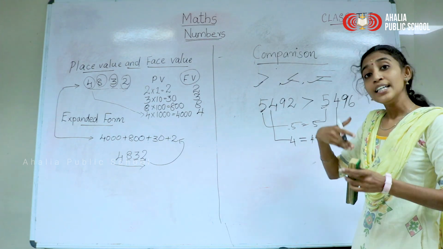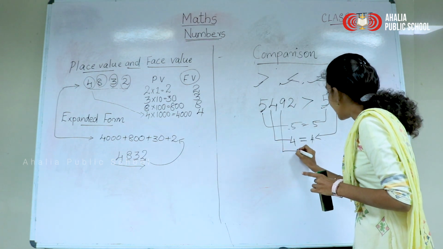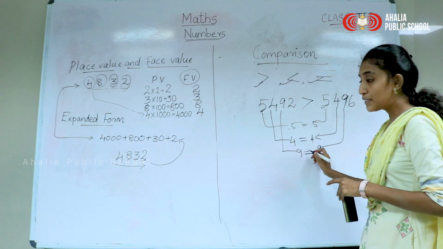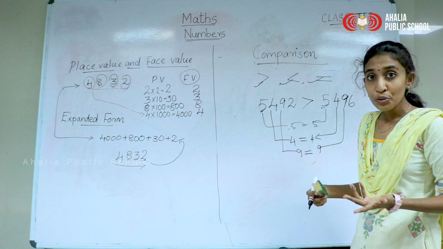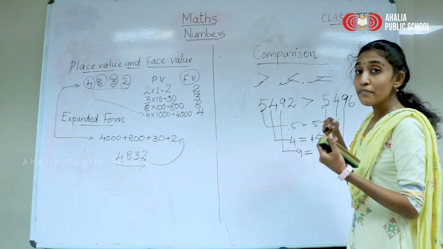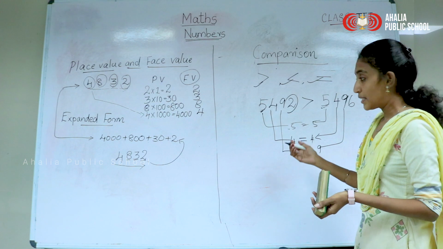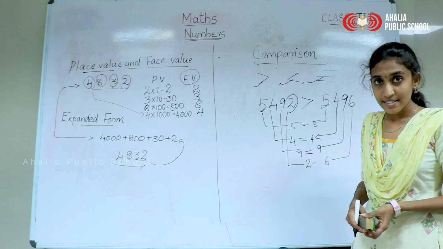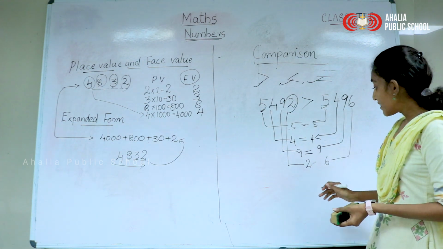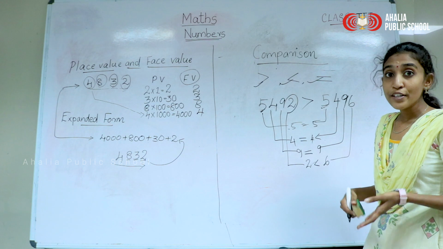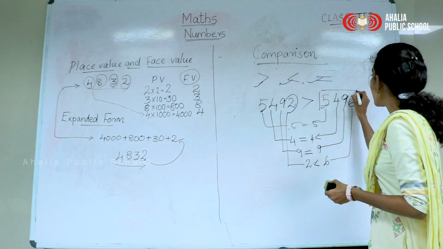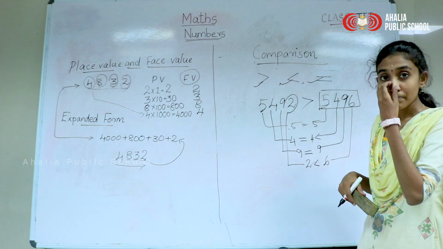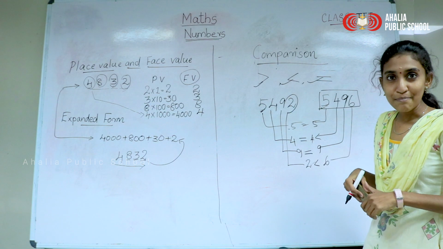So we move on to the next number. 9, and here it is also 9. So 9 is equal to 9. Still we couldn't find which is the greatest. So what will we do? We move on to the last digit. 2 and 6. Which is the greatest number here? It is 6. So we got the answer: 5496 is the greatest number over here. So we have to change this symbol, right?